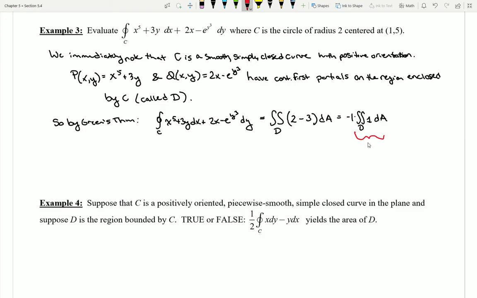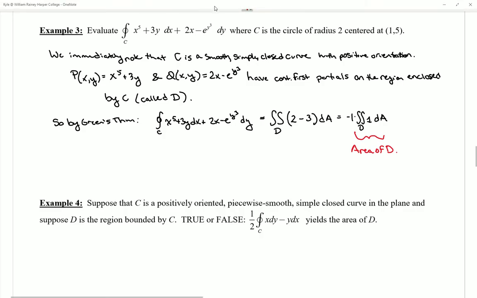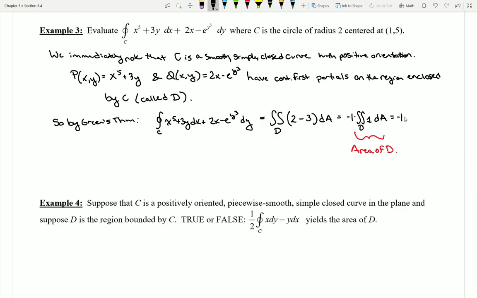Well, you might recall that this here is actually just going to be the area of D. But if D is the area of a circle, right? Because C was a circle, so D is the area inside of it, and it was a circle with radius 2. What's the area for a circle of radius 2? Well, that should be pretty easy to see, that that's just going to be 4 pi. So my answer here is just -4 pi.